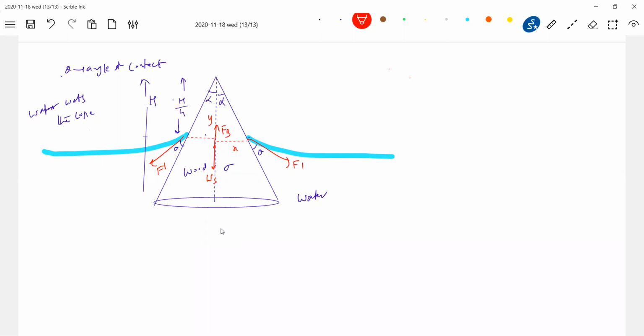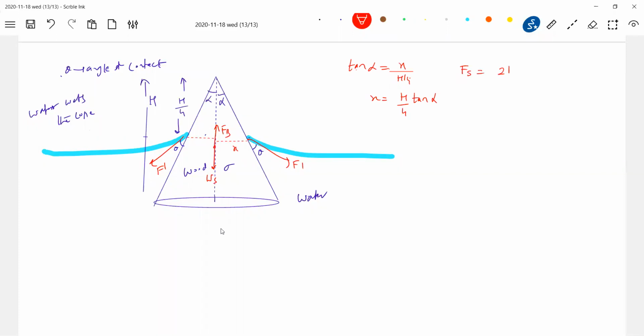Sorry, this is h by 4, since 3h by 4 is immersed. So we already know h by 4. So can we calculate x? So this will be tan alpha equal to x by h by 4.